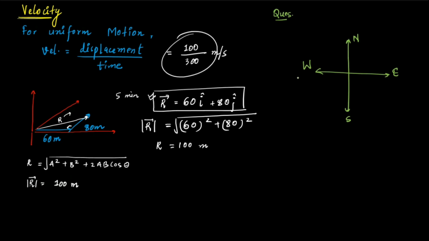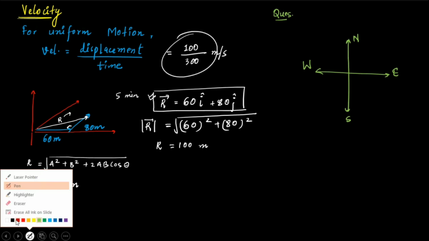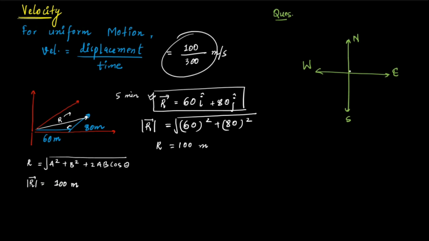So here a person goes 30 kilometers east, and then he walks 50 kilometers west. So 50 kilometers west, it means he must move this way. Then the question says he goes 10 kilometers north. So north, something like that.